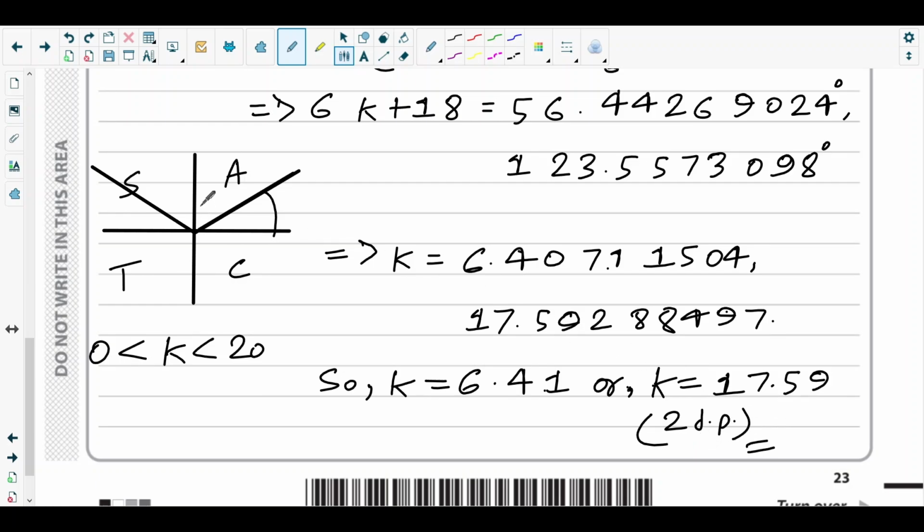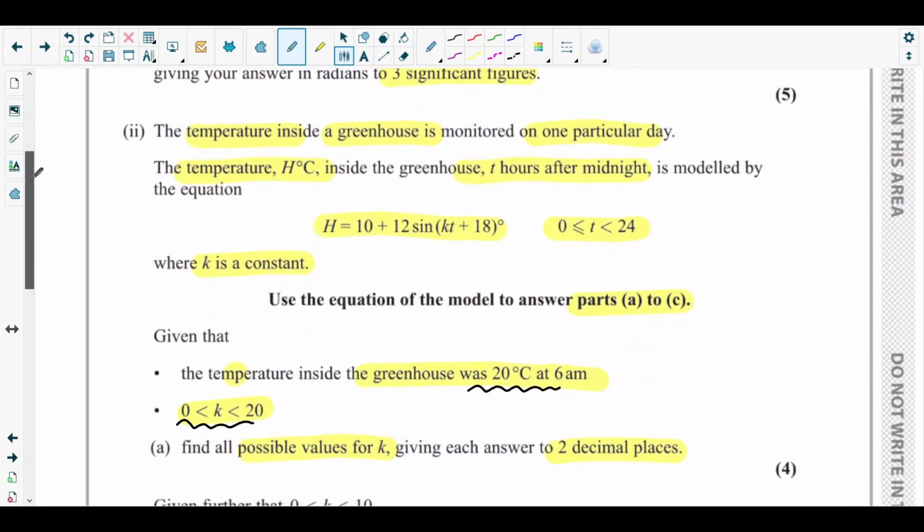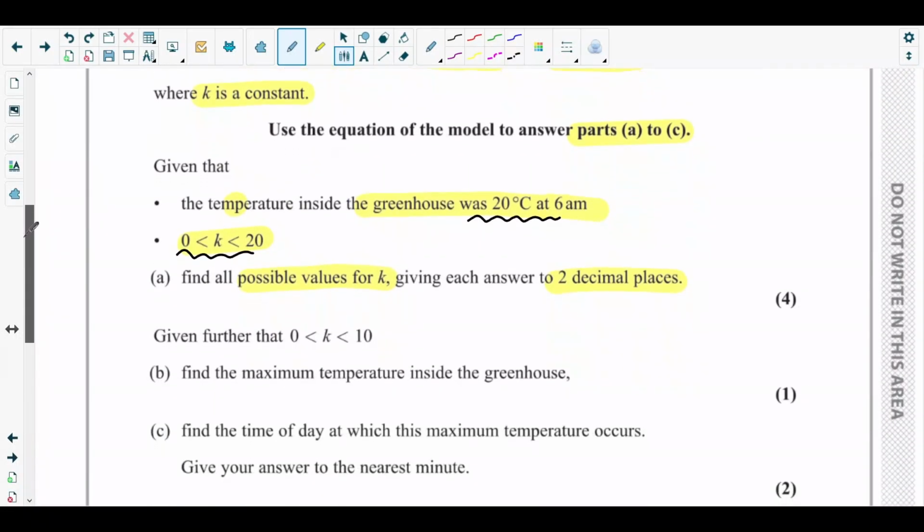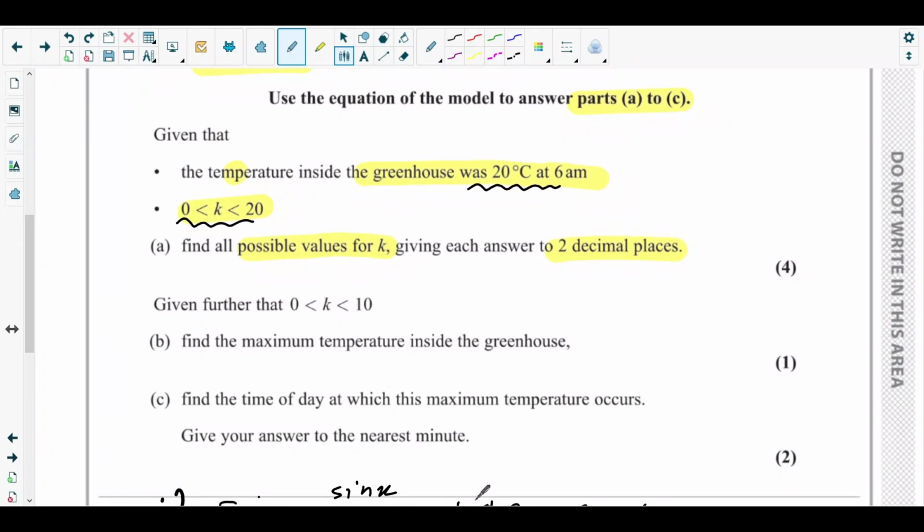That's it. So we got the 2 possible values of k up to 2 decimal places. That's what part A has asked for. Fine. Okay, next is part B.